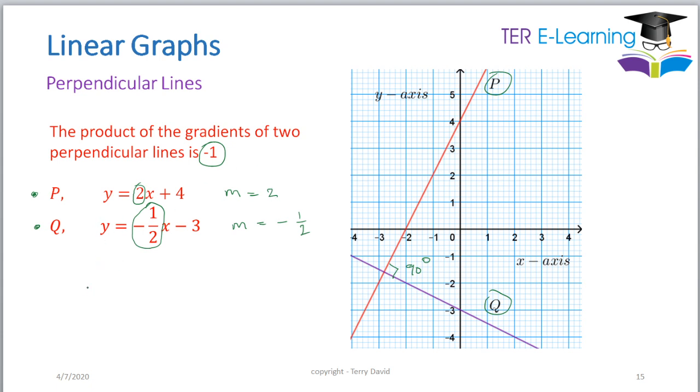If I take the two gradients, which is 2, that's for the line P, and multiply by -1/2, right? This 2 will cancel with this, and I will end up with -1, right? So that's the point I'm trying to make. If I have lines which are perpendicular, when I multiply the gradient of each of those lines, I'm going to get -1, right? So those are two important concepts that we need to know. We need to know about parallel lines, and we need to know about perpendicular lines, right? So do you all grasp that concept?